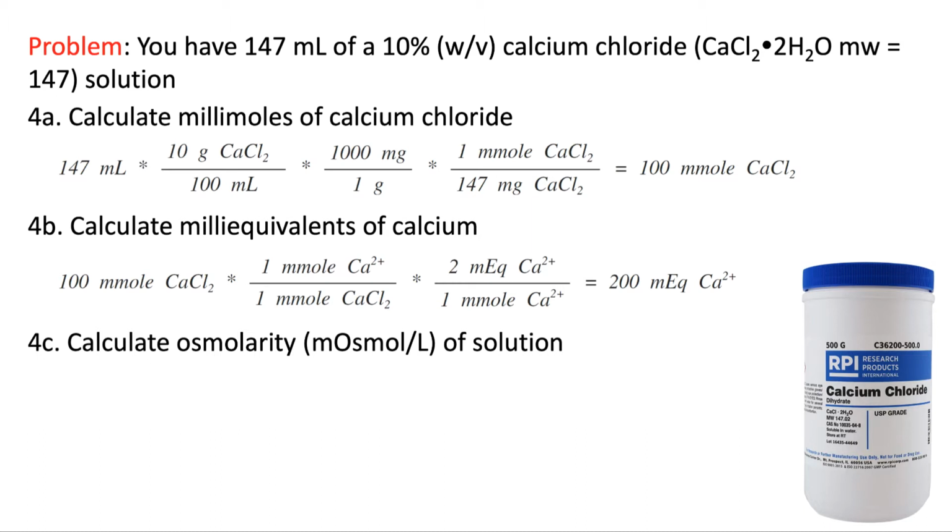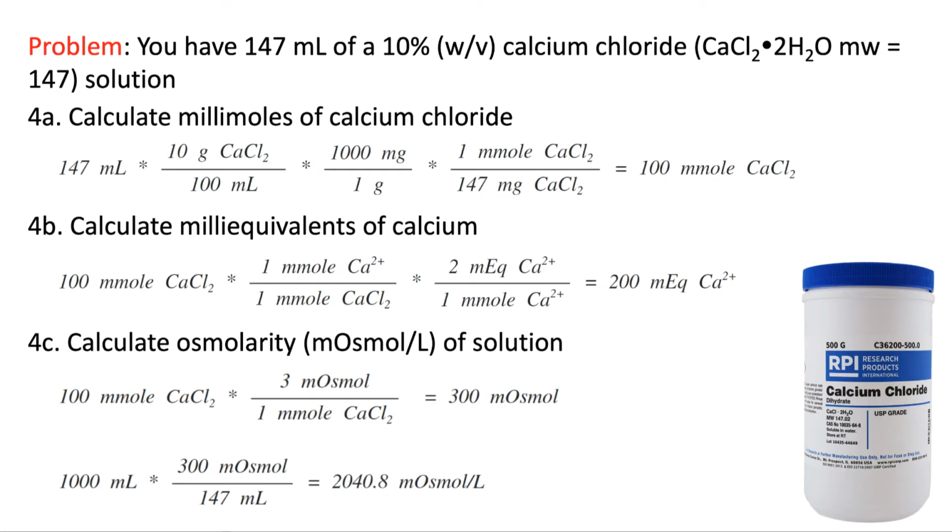And lastly, letter C says to calculate the osmolarity of the solution. All right, so how would we do that? Well, let's start with the number of molecules that we have in our solution. Remember, we started with our 147 milliliters. We know that that will provide 100 millimoles of calcium chloride. So now all we need to do is take that 100 millimoles of calcium chloride and multiply it by the number of particles that would be produced from each molecule.